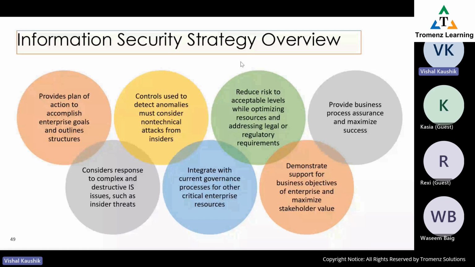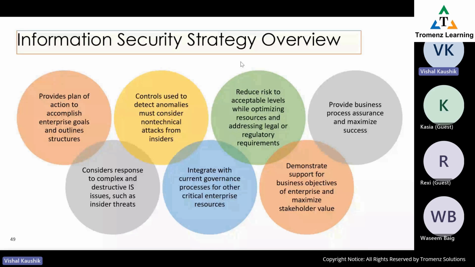And we will see ahead some of the questions that will be asked, where there's need to have the business objective of the enterprise aligned with the information security strategy.